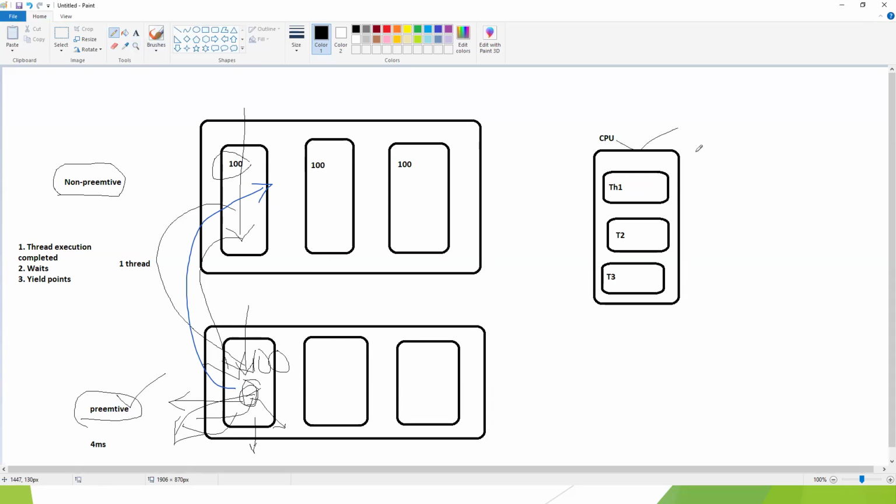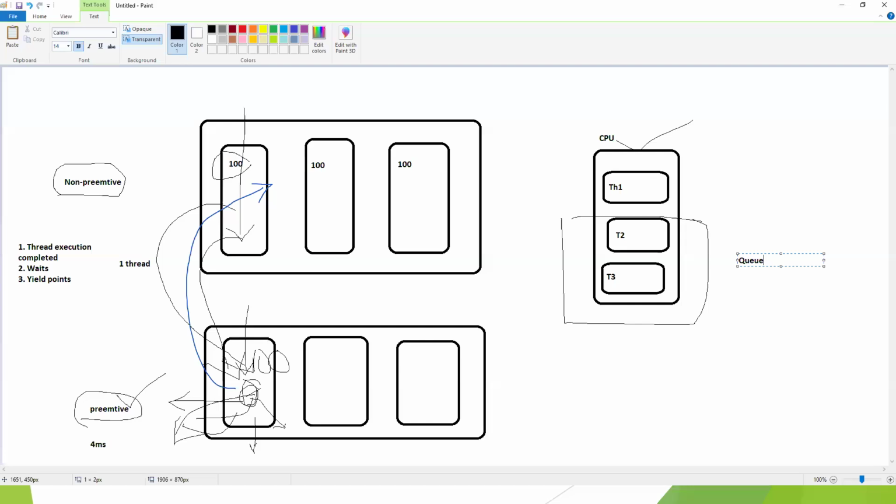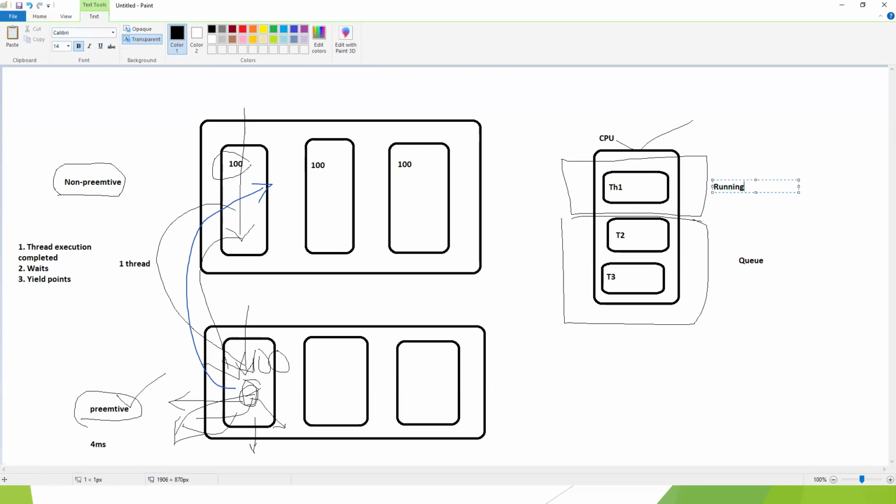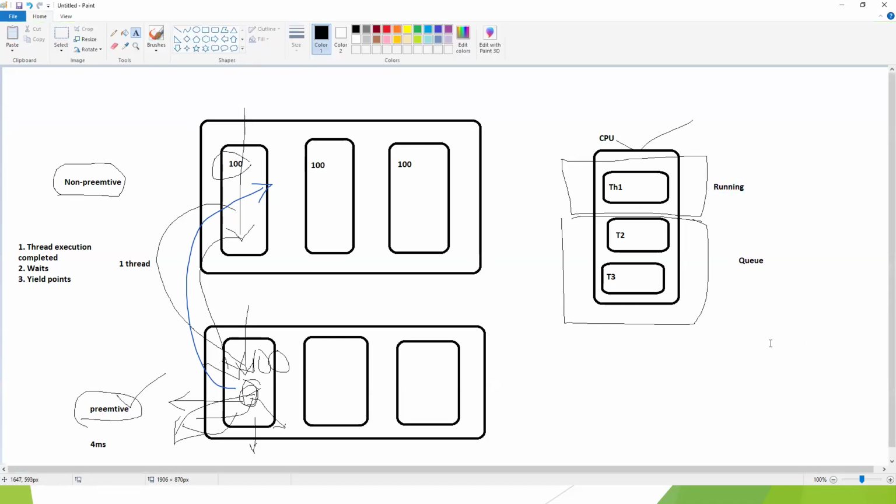Even in the Windows operating system, these threads will be in the queue. Only one thread will execute, right? This is the currently running thread. As I said, it doesn't matter whether it is UMS or SQL Server, only one thread at a time will execute.